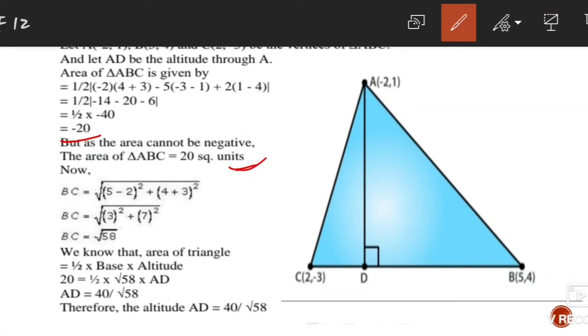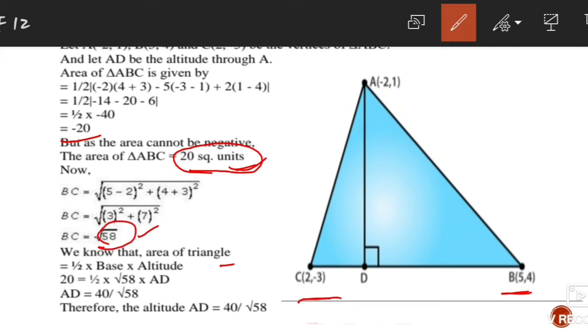Now you will find the length of BC, that is, the length of the base. Point B is given, point C is given. By the distance formula, the length of BC will be root 58. Now you know the general formula that area of a triangle is equal to half into base into altitude. Here is the area of the triangle, here is the base.